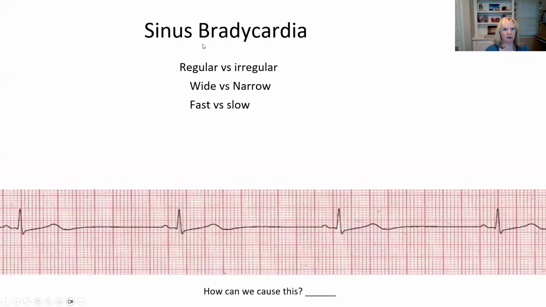Now, sinus bradycardia is something you're going to see a lot. This one is going to be a rate that you'd count out probably in the 40s, maybe high 30s. You could always count it out, but there are some things that tell us it is still sinus.